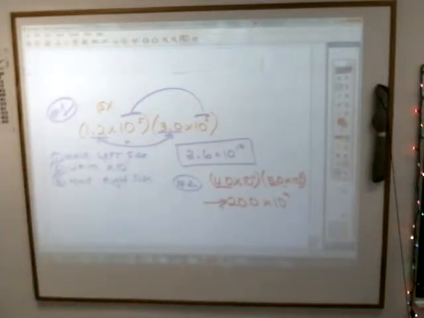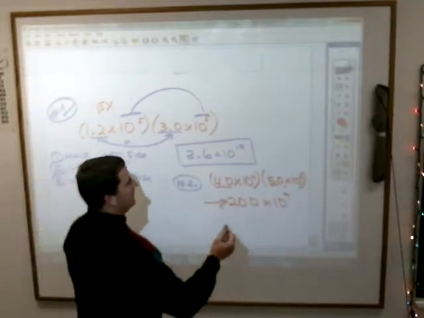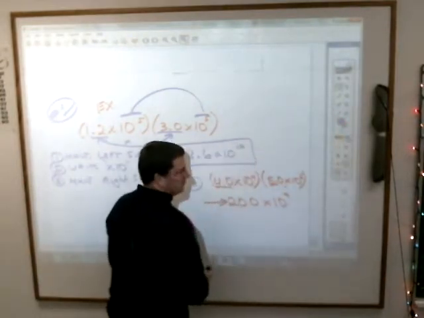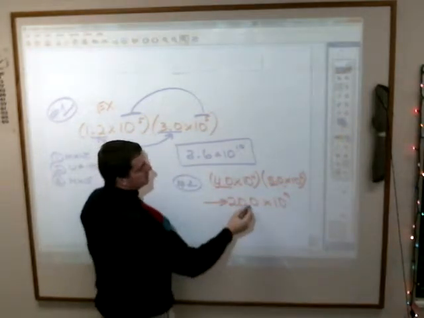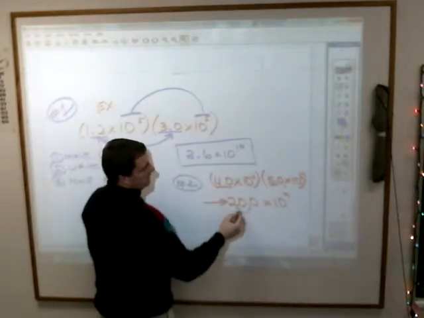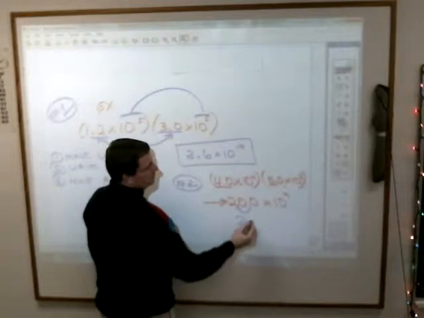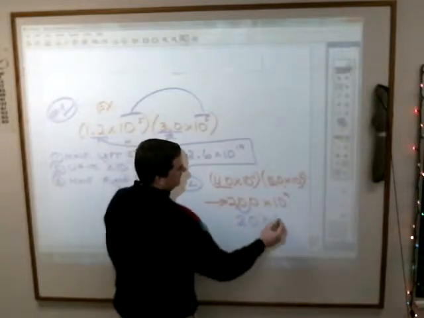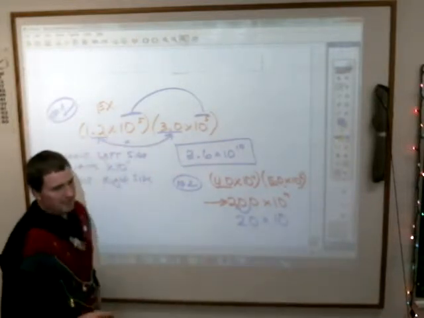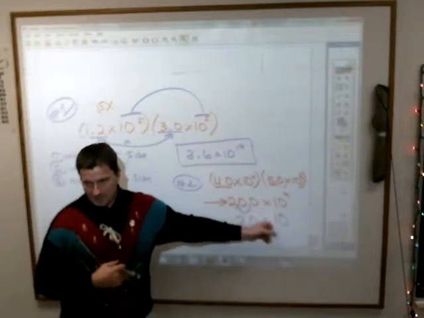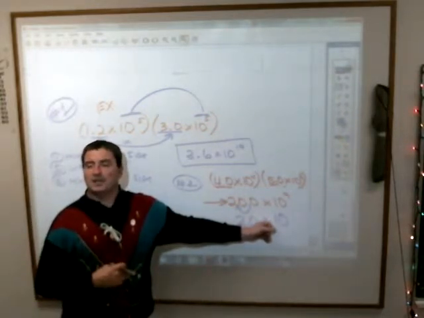It has to be between 1 and 10. But the fix is very easy. When you run into this, you simply need to move the decimal so that it makes it between 1 and 10. So I do get 2.0, but obviously something else is going to have to change, and that is the exponent of 10. And here's what you have to tell yourself.